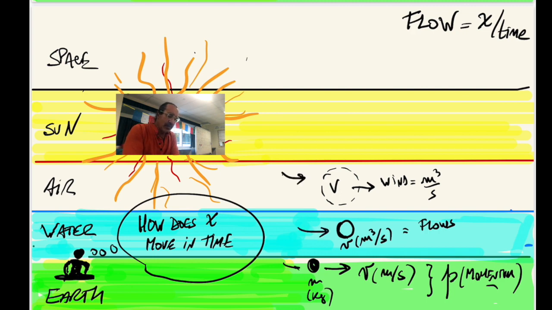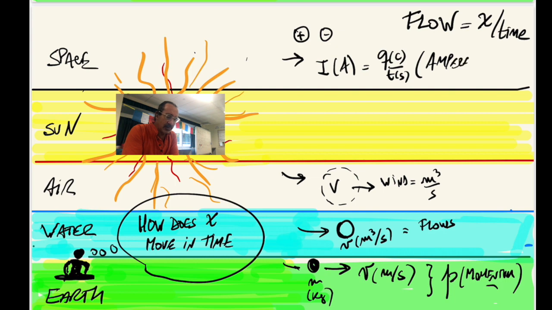So this idea of motion applied to bodies and also to charges, when we have a positive charge or a negative charge, either way, that is moving in time, we call that a current. And that flow of charge, which is the charge over the time, is known as the amperes. The current in a circuit is the ampere.